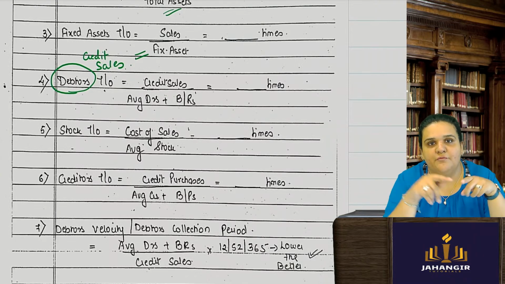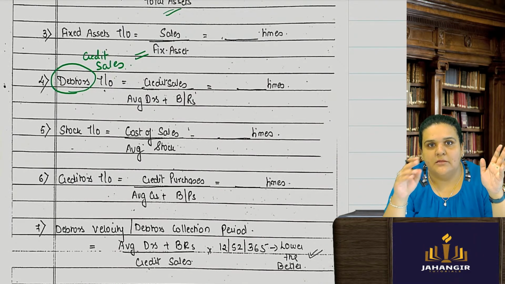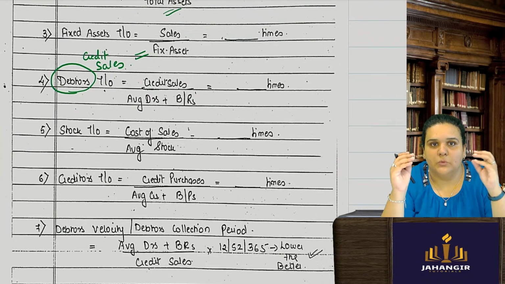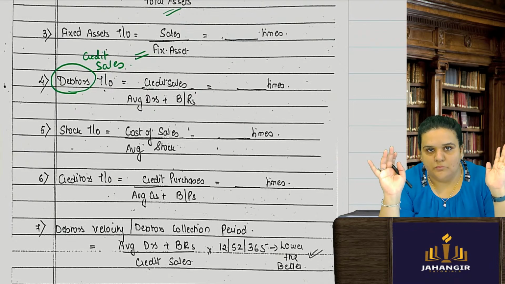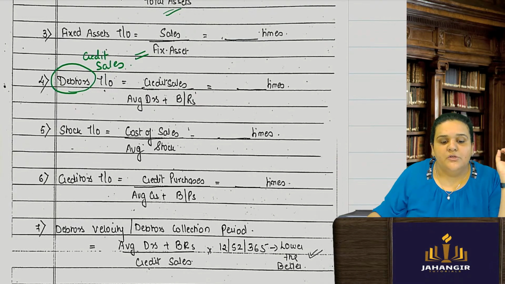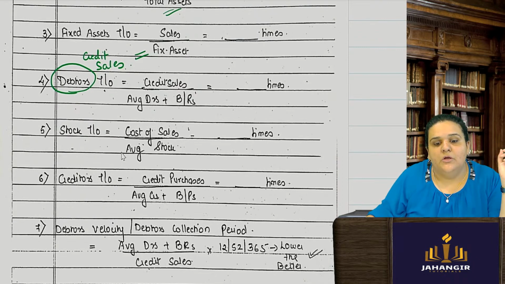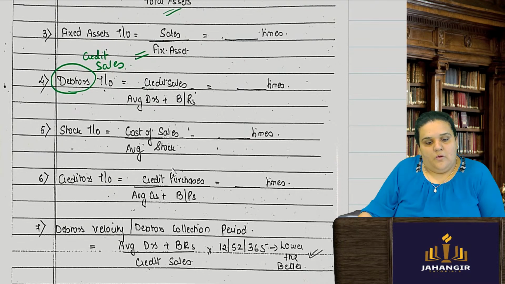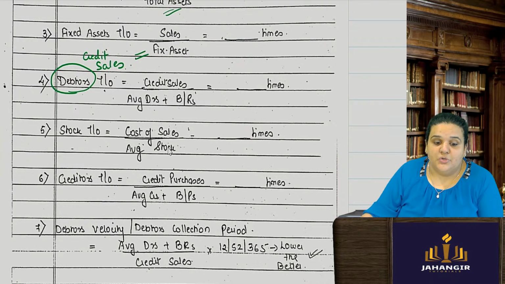You take average of both, opening debtors plus closing, average of bills receivable also, opening, closing, divide by 2. Stock turnover ratio is cost of sales upon average stock. Cost of goods sold, COGS generally.